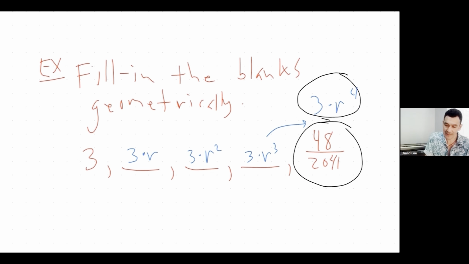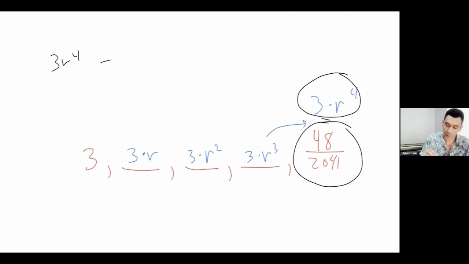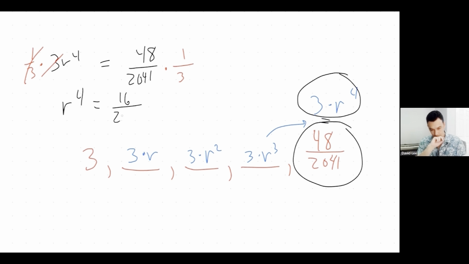So I need you to create the equation that says 3r to the 4 equals 48 over 2401. Solve for r. Get rid of the 3 by multiplying both sides by 1/3, because over here, the third cancels with the 3. So we have r to the power of 4 equals, and then multiply these on a calculator, I believe it'll be 16 over 2401.